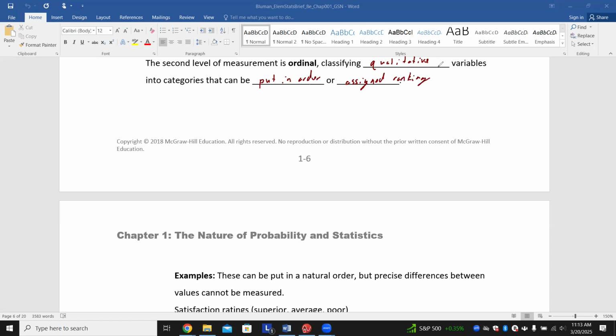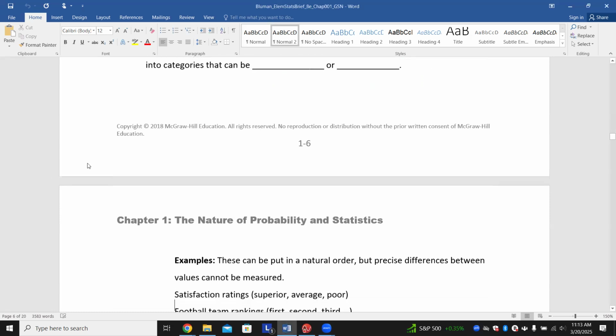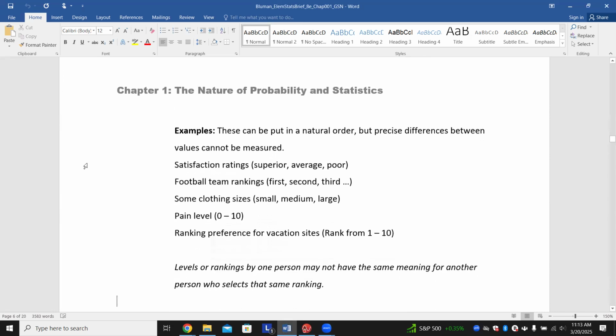Examples of these can be put in a natural order, but precise differences between the values cannot be measured. So it doesn't have values, it just has an order to it. Some examples of that are a satisfaction rating, right? Superior, average, poor. This goes from 1 to 3 here. It has a characteristic, but has an order to it. If it's superior, it's number one. If it's poor, maybe it's number three, or vice versa. Maybe it goes 3 to 1.